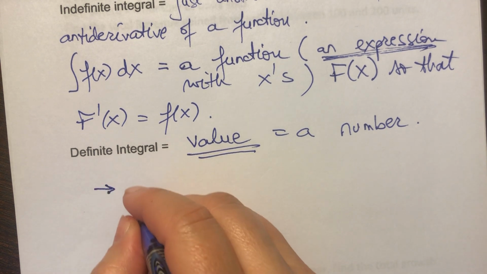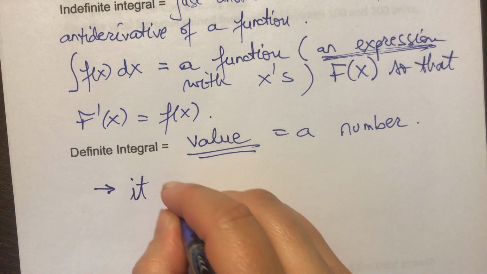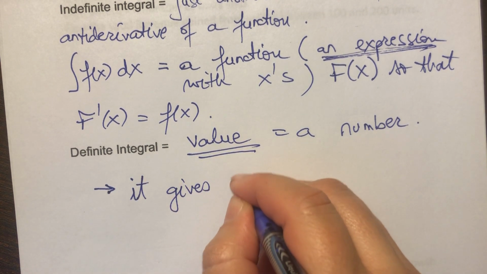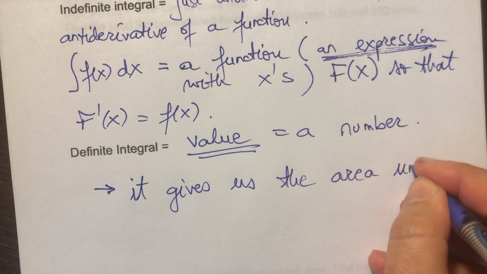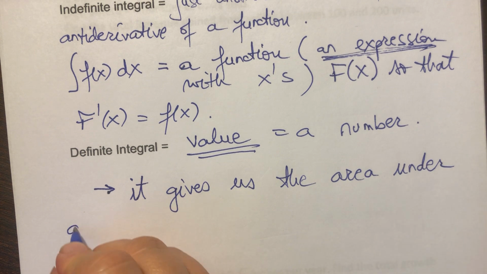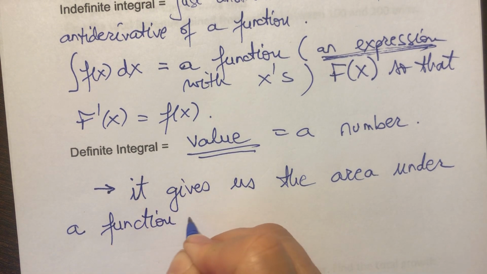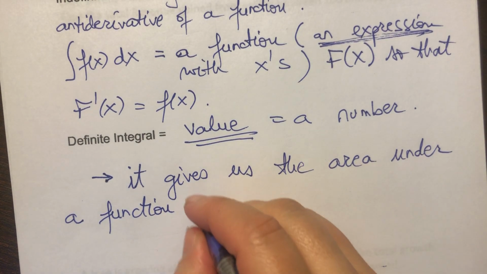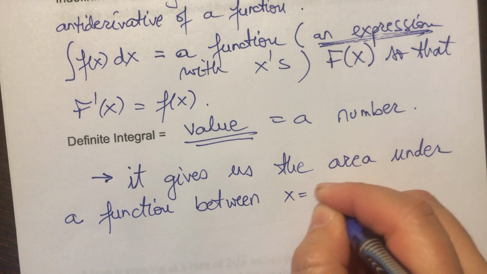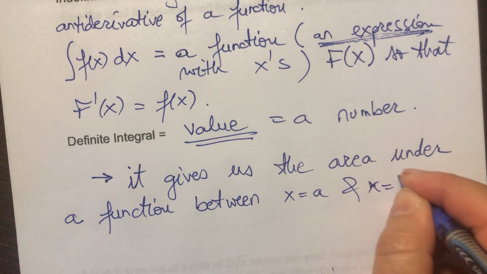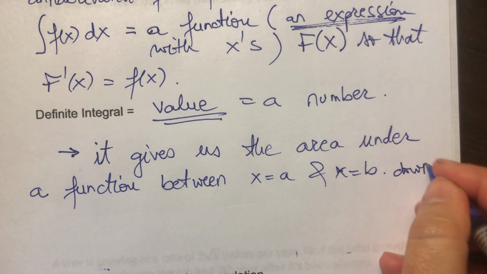The first application is that it gives us the area under a function, right, between x equals a and x equals b, down to the x-axis only.